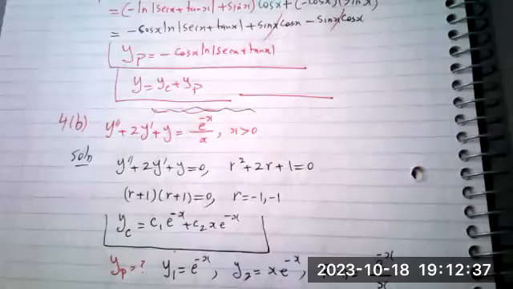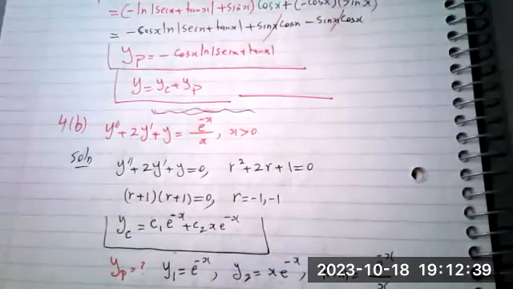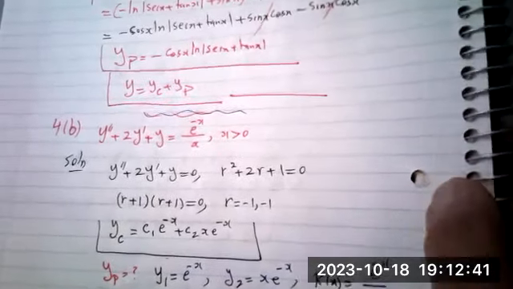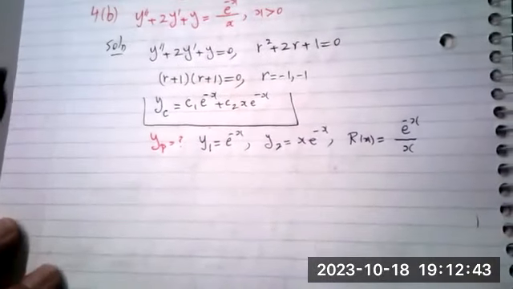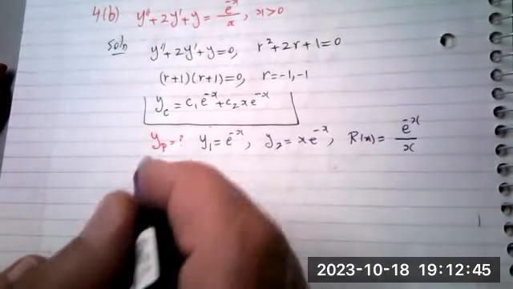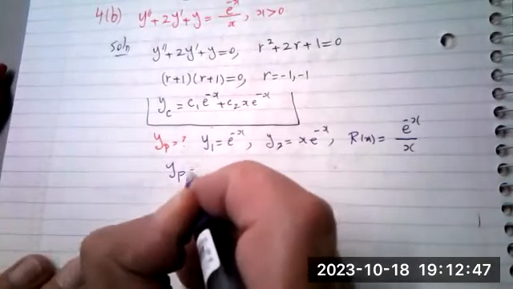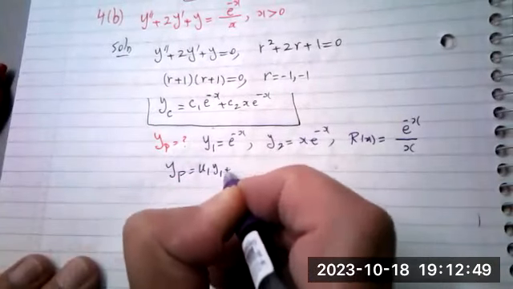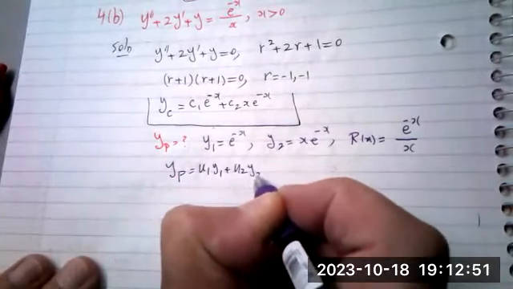We check to make sure that the coefficient of the y double prime is 1. It is 1, so nothing to worry about. So by the method of variation of parameters, yp would be u1 y1 plus u2 y2.